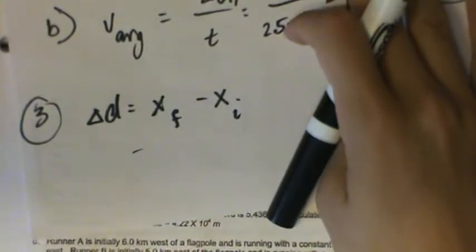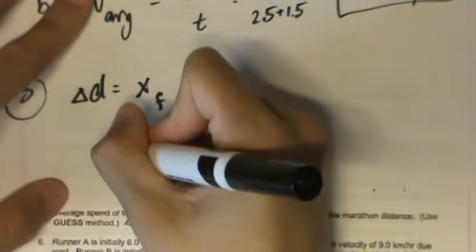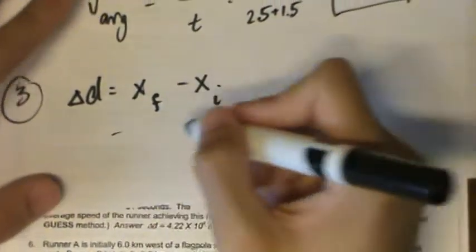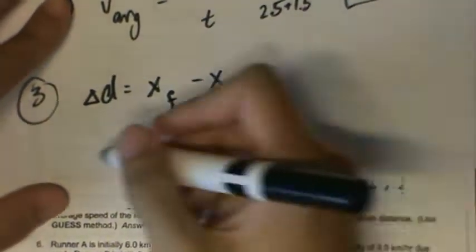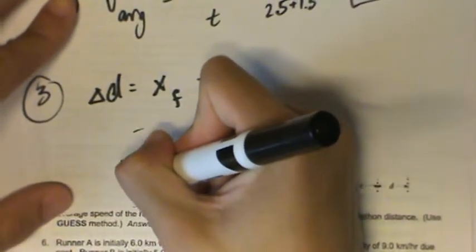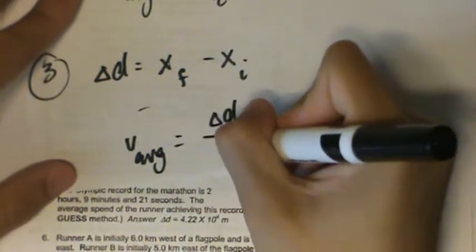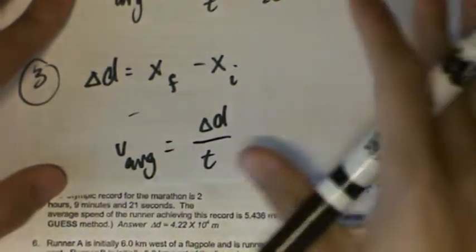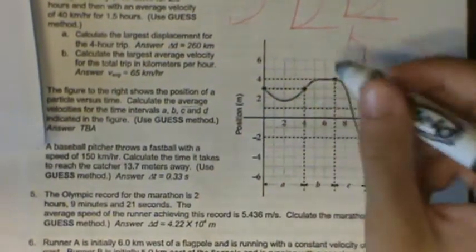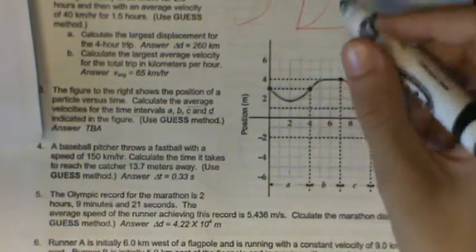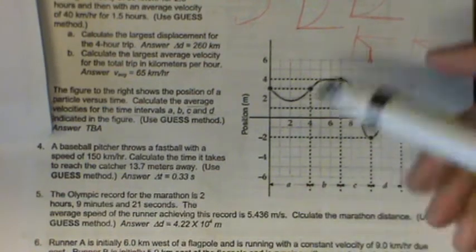So when you subtract them, you will get 0. And displacement over time is going to get you average velocity. So if the displacement is 0, the average velocity will be 0. So for time interval A, it will be 0 meters per second.